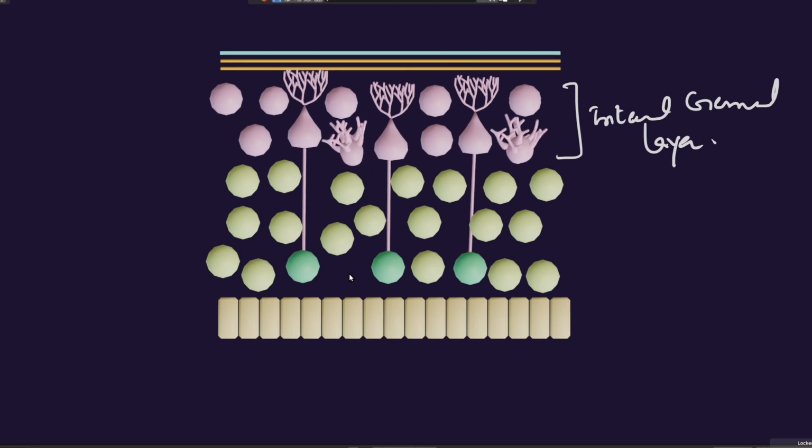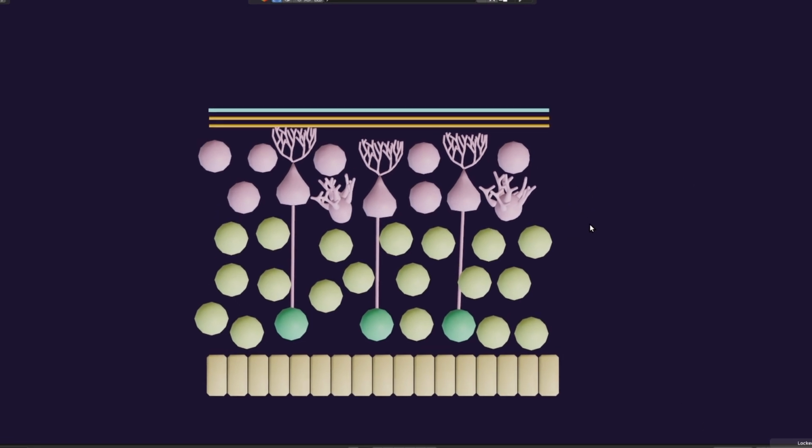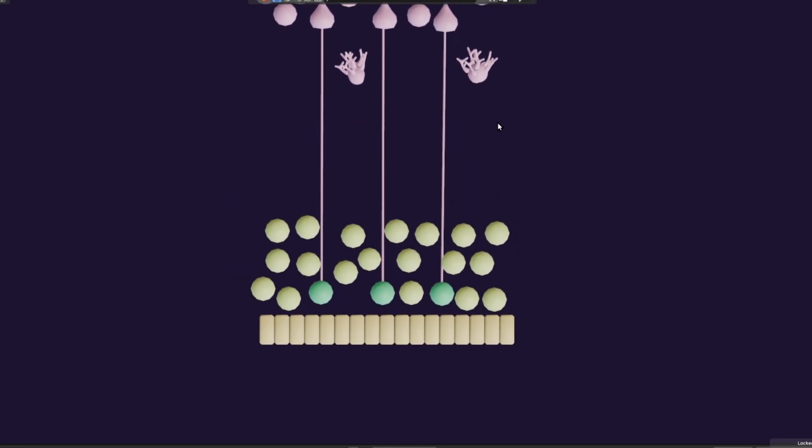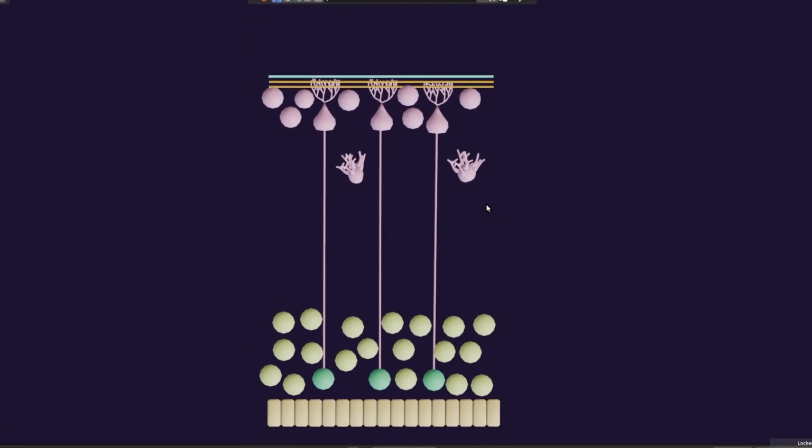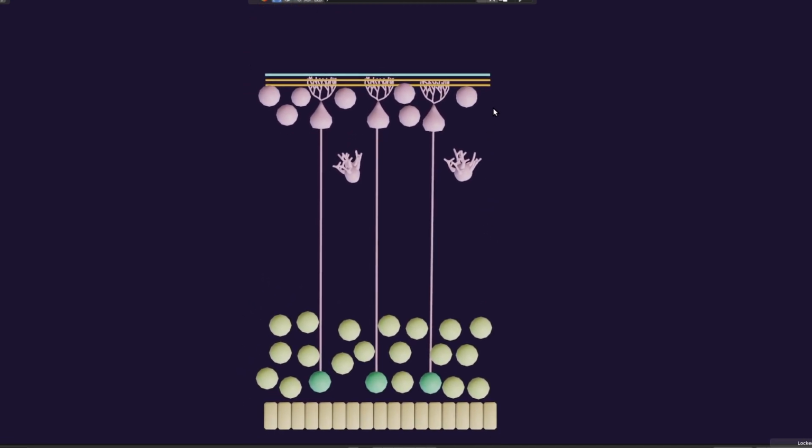Now these cells will migrate outward, and this internal germinal layer is no more internal; now it is the external germinal layer. So the internal germinal layer forms the Purkinje cells and Golgi cells.